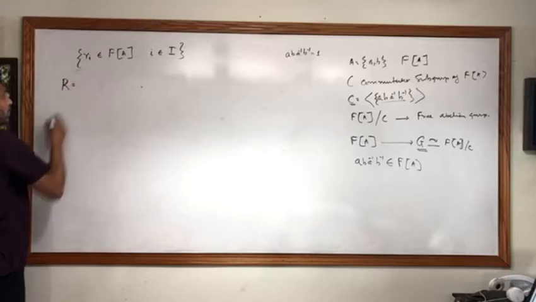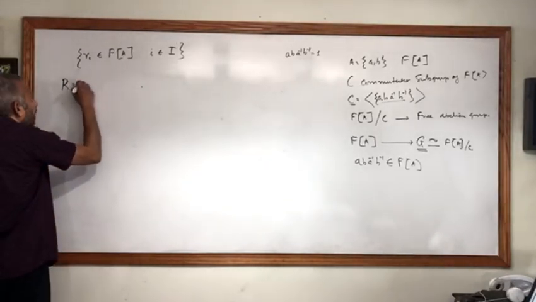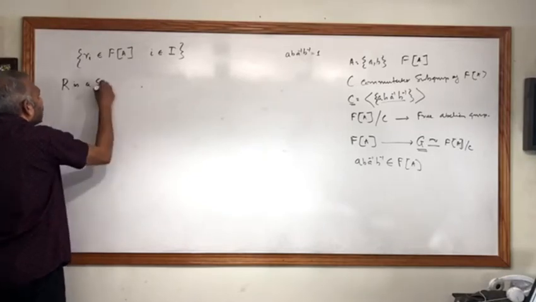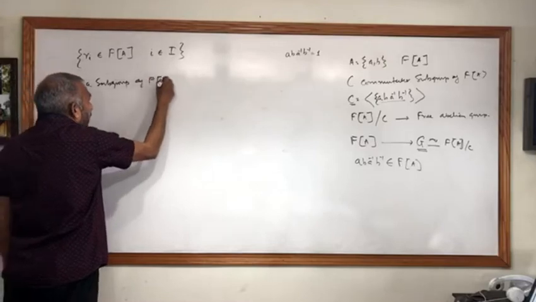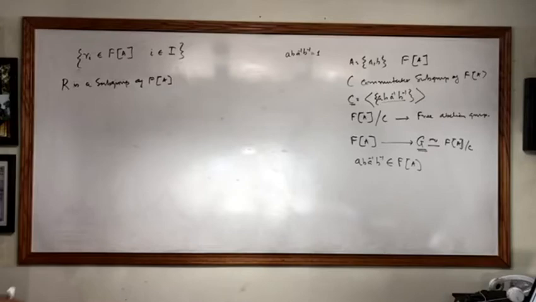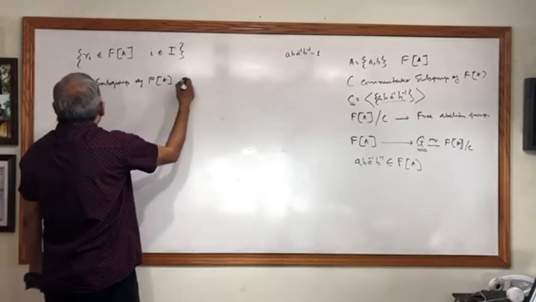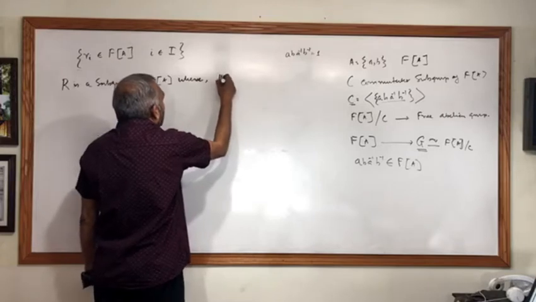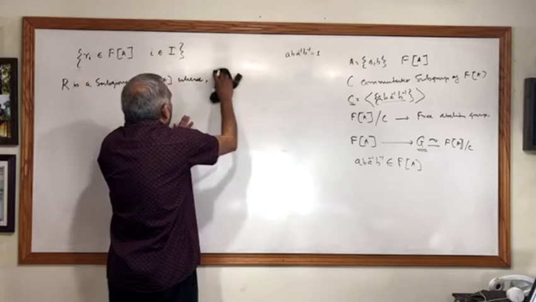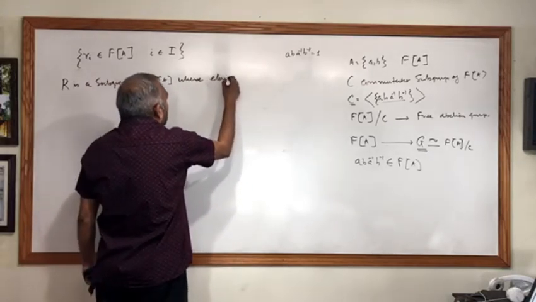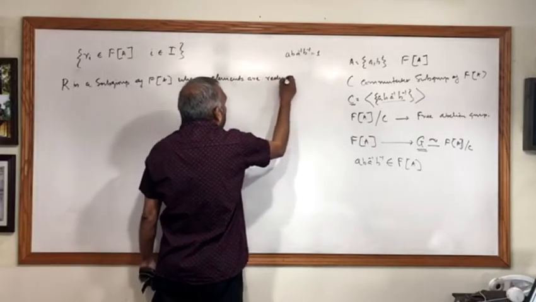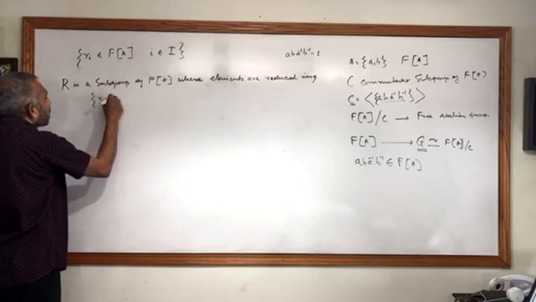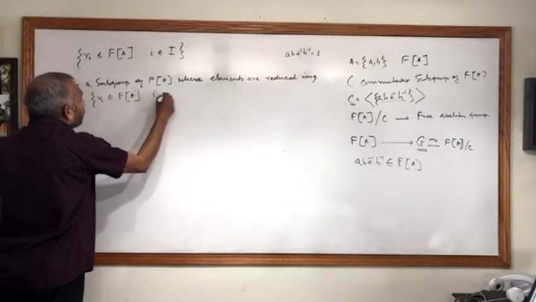So R is a group, or is a subgroup of f of A, where the elements are reduced using Ri. Well, we still have to prove that that is a subgroup.